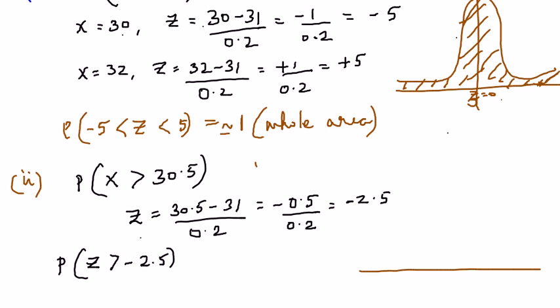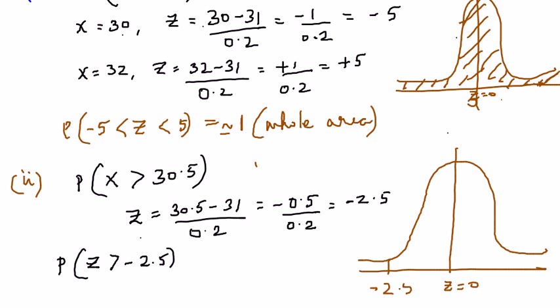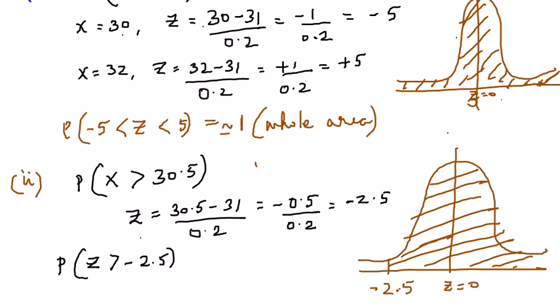Now if I have to draw the bell curve, where z is equal to 0 and this is minus 2.5, if z is going to be greater than minus 2.5, it includes this whole area. If you take the positive side, the area is 0.5.